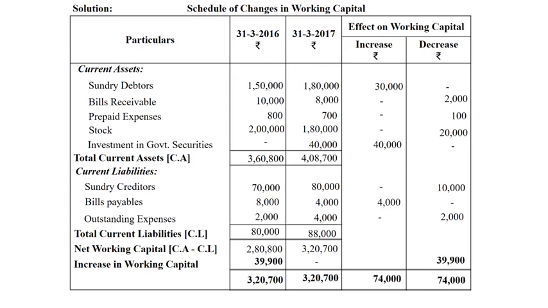The balancing figure will be on the decreasing side, 39,900. The increase and decrease columns must tally and the years columns must tally. So that is how this account will be finished, closed. Hope you understood.